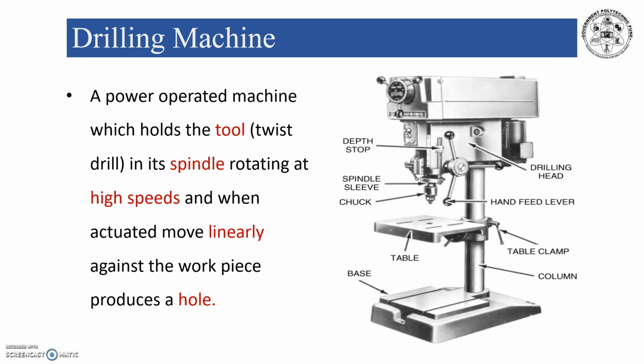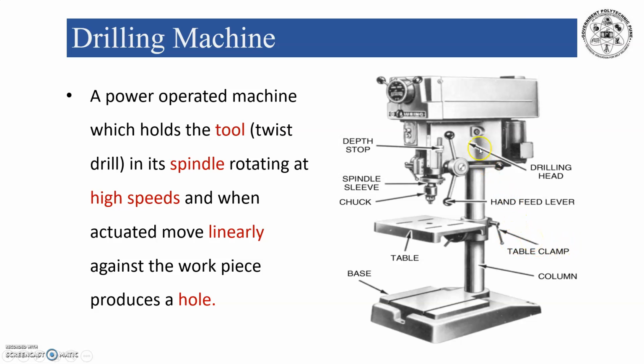The table of a pillar drilling machine has three types of adjustment: vertical adjustment, radial adjustment, and circular adjustment about its own axis. After the required adjustment has been made, this table is clamped with the help of this table clamp.